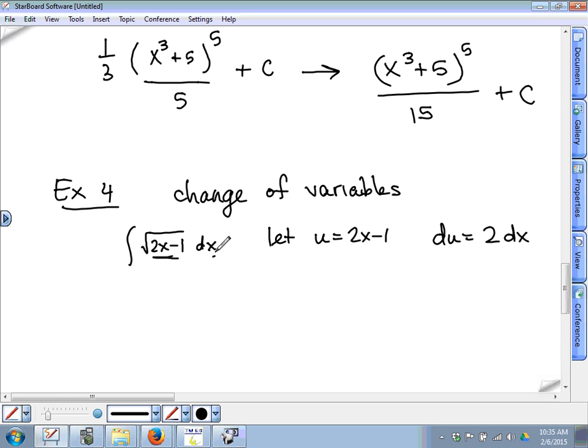Did you guys hear that? We're not just substituting here, we also have to substitute here because I don't want to have a dx there. What does dx equal? dx equals du over 2. Now we can completely substitute out all the x variables and have just u variables. So this turns into the integral of the square root of u times du over 2.